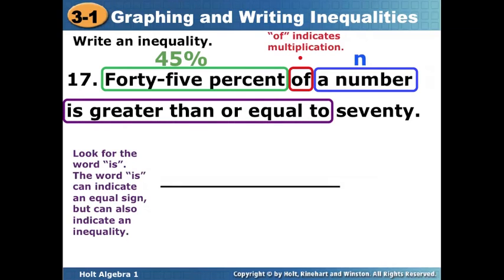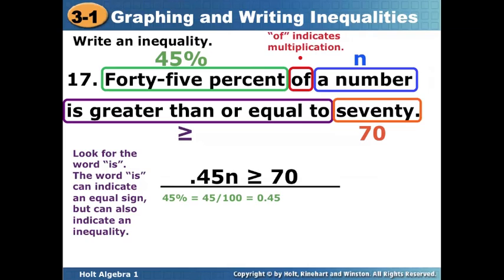Don't forget your equals to part of your symbol. Greater than or equal to, it needs to have that extra mark. 70 will be the numerical value 70. So our answer is 0.45n greater than or equal to 70. You will not want to just have 45n greater than or equal to 70. Think about it. Do you want 45% of a homework or 45 homeworks? I bet you all said 45%.